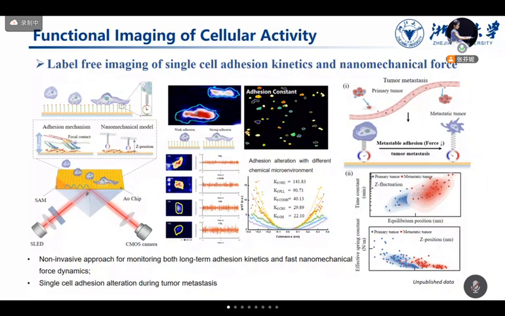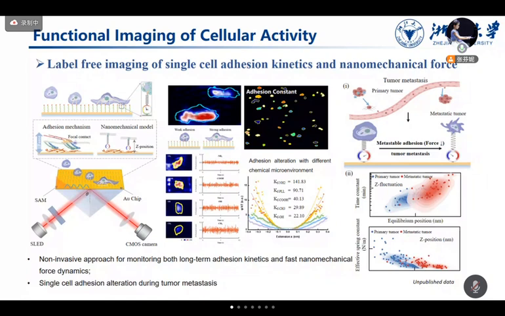From this cartoon here, we have to know it's not like the cells are lying down on the surface. They actually have a lot of linkers. They tether the cells to the surface, and the number of the tethers and the spring constant of the linkers is related to how much the cell is tethered to the surface. So we quantify the tether numbers and the tether spring constants.